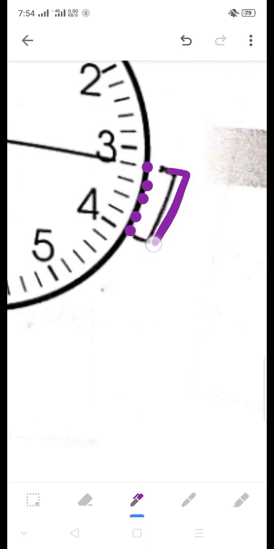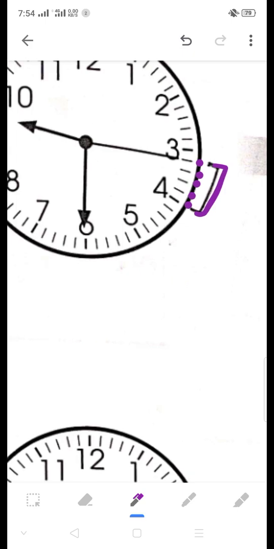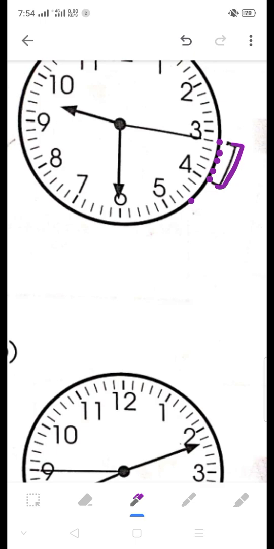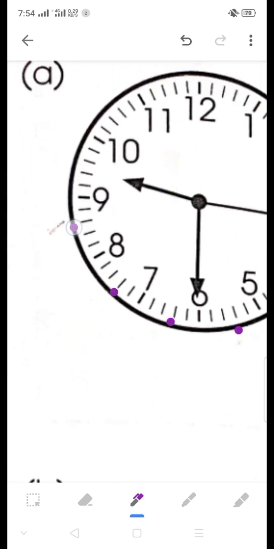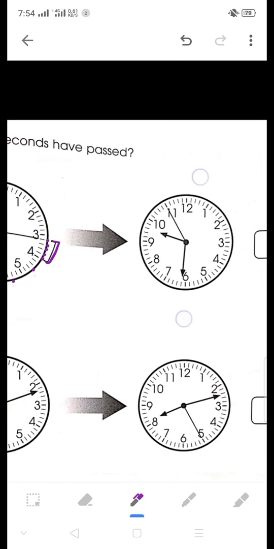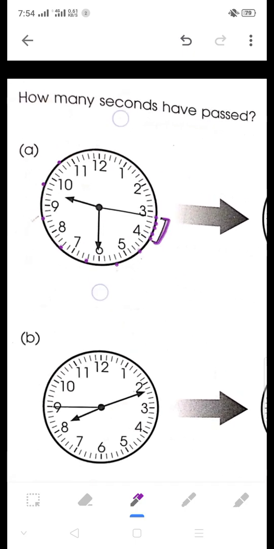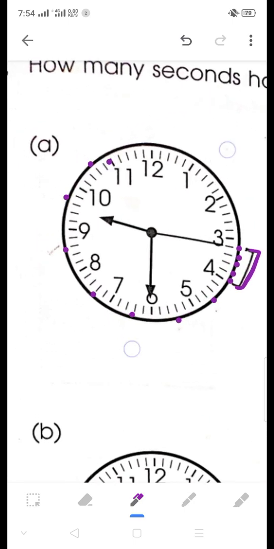You can skip these 4 seconds and we will add them later. First we will jump 5, 10, 15, 20, 25, 30, 35. Where is the needle? Till 11. Yes, 35 seconds till 11.